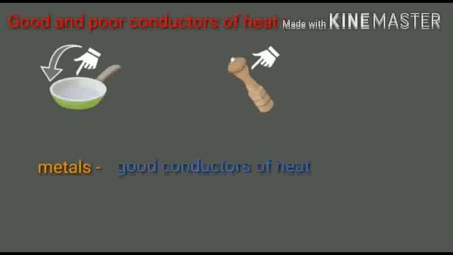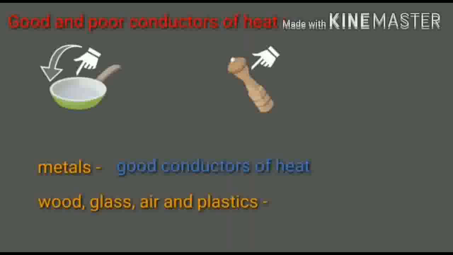This is because metals are good conductors of heat and wood, glass, air and plastics are poor conductors of heat. I repeat once again, students. The metals are good conductors of heat. That is why the heat from our body flows into the metal very quickly when compared to other materials such as wood, air or plastics.